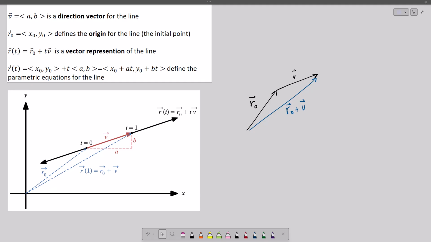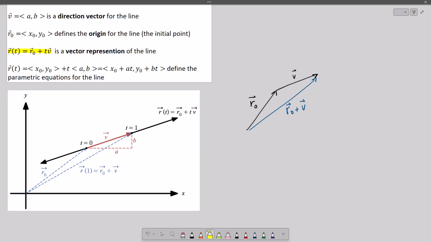It's analogous to slope. R sub 0 is this blue dotted vector that points to the initial point on the line. And then the idea with this t right here, here is the vector equation of the line. You start at R sub 0, and then t tells you how far to go in the v direction. If you put a 1 in for t, you would be right there. If you put in a 2 for t, you would be right there.